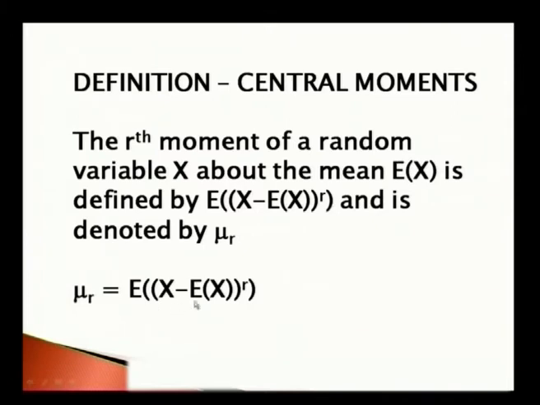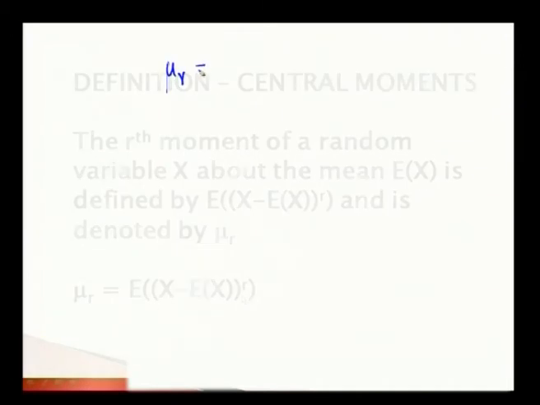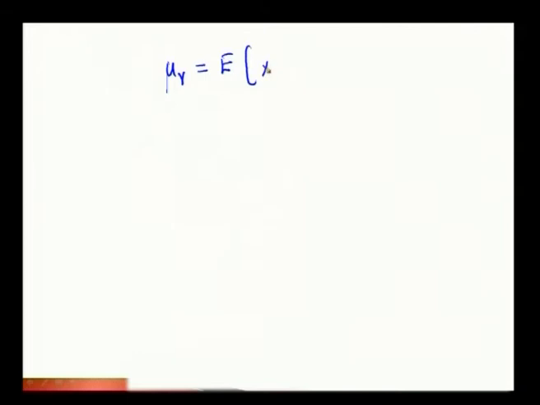This is written as mu r is equal to expectation of x minus E of x whole power r.